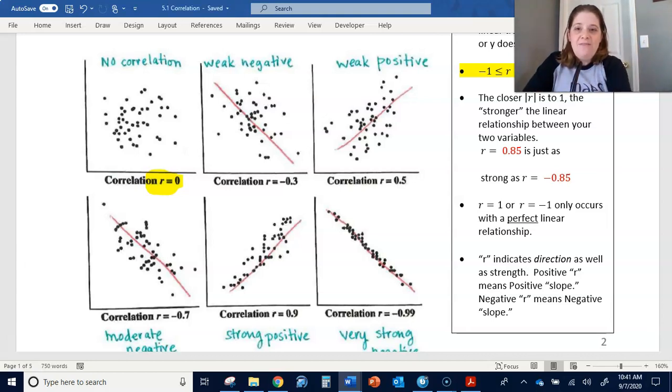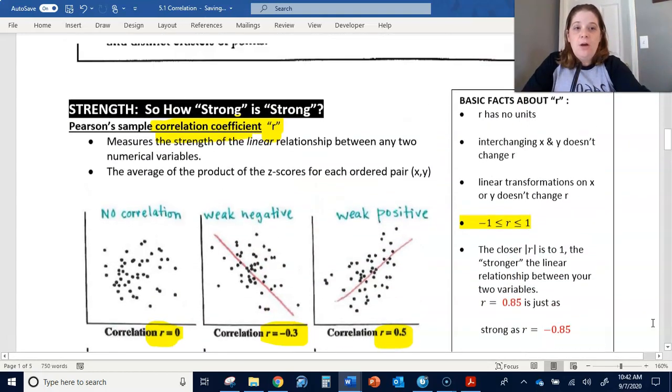Something that tends to have a downward slope is going to have a negative R value, and the stronger it is, the closer the absolute value is going to be to 1. If something is positive, you're going to have an R value that is also positive. And again, the stronger the relationship, the more line-like the points, the closer the absolute value is to 1.